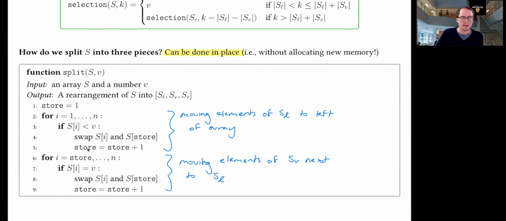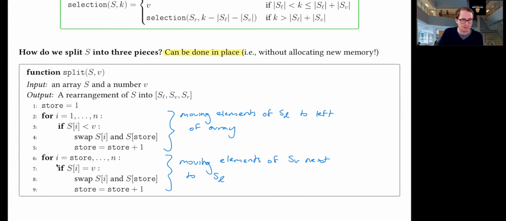Now at this first pass through the whole array, we've moved everything smaller than V to the left of the array. Next, we move the stuff that's equal to V next to S left. So store doesn't get updated. That means it's already pointing at the entry immediately after the last element of S left.